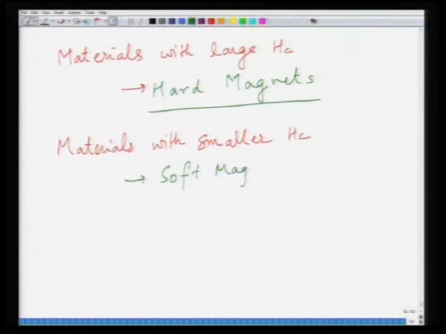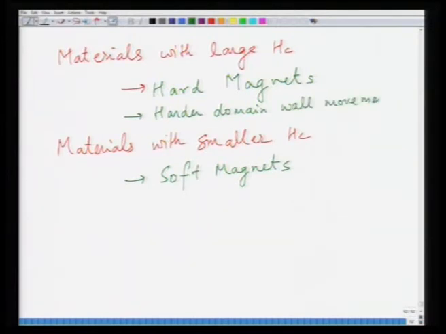Soft magnets typically characterize easier domain reversal, while harder domain wall movement characterizes hard magnets. Domain wall movement or reversal is the same thing. So, this is a typical difference between these two different kinds of materials.